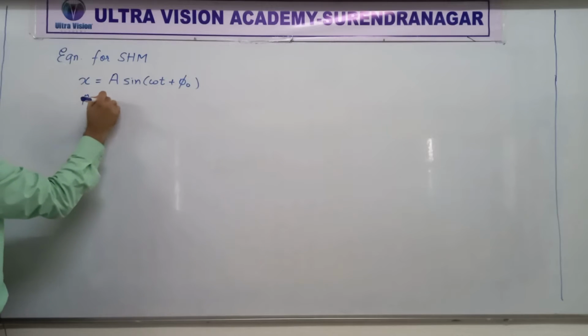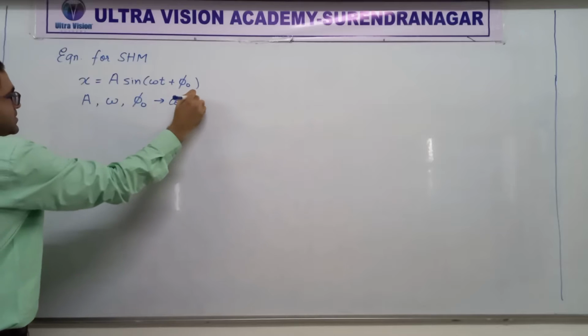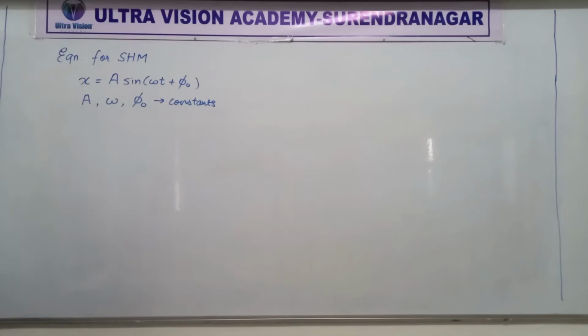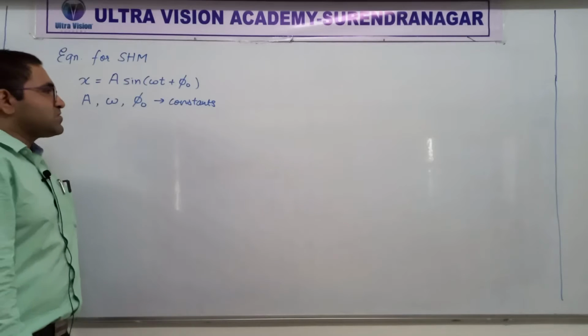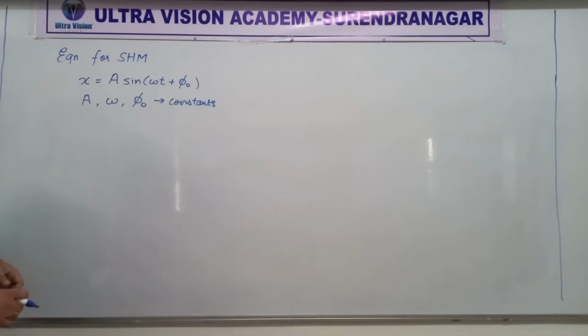Here a, omega and phi 0, they are some constants. We are going to give meaning to all of these constants, right? So that's what we are going to talk about.